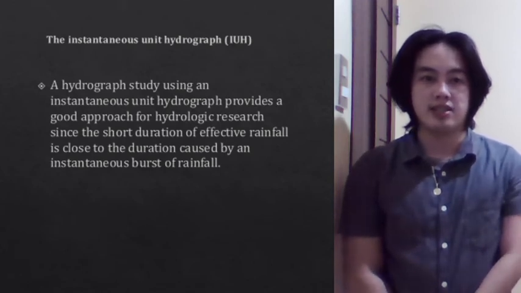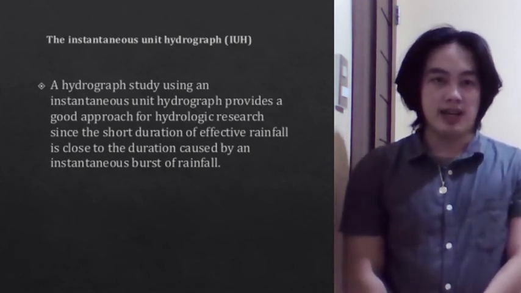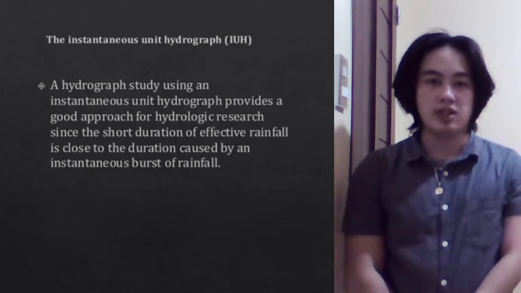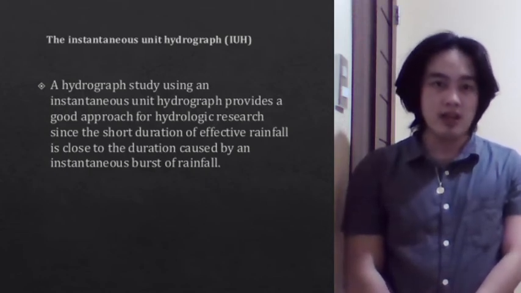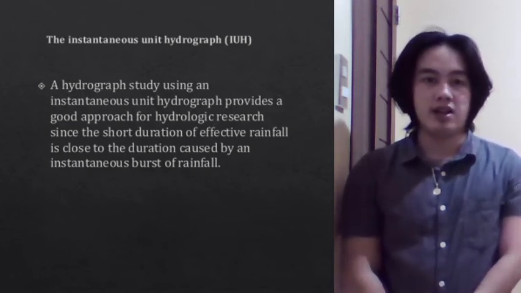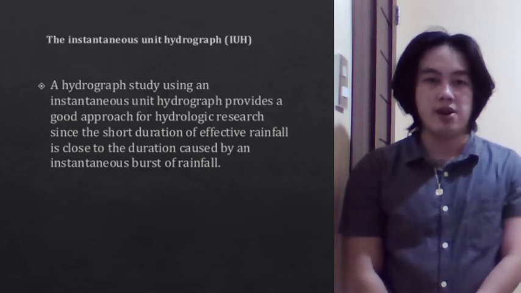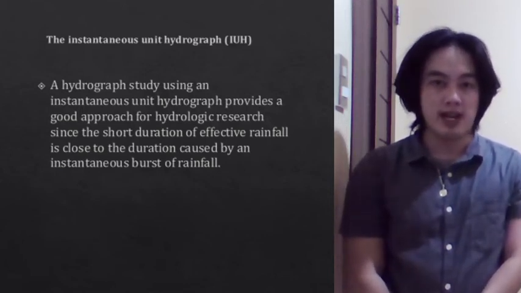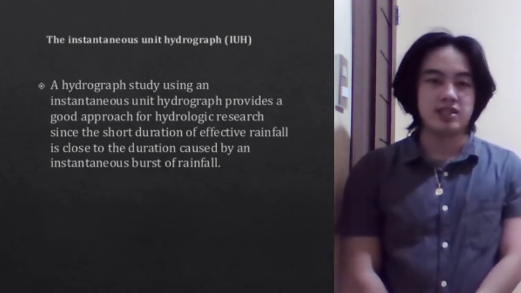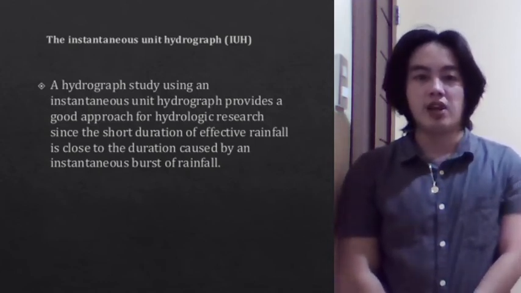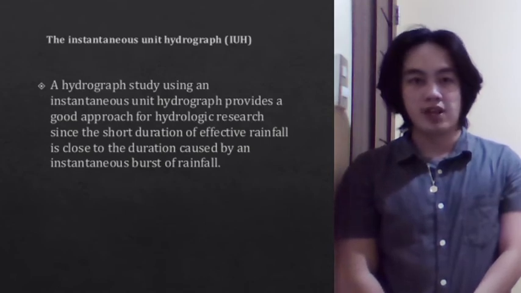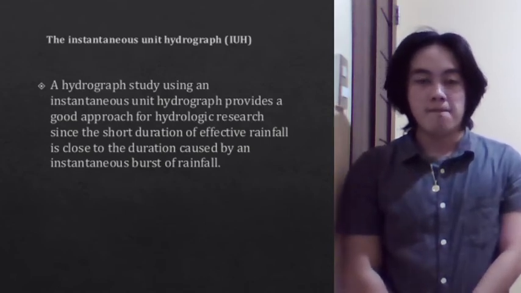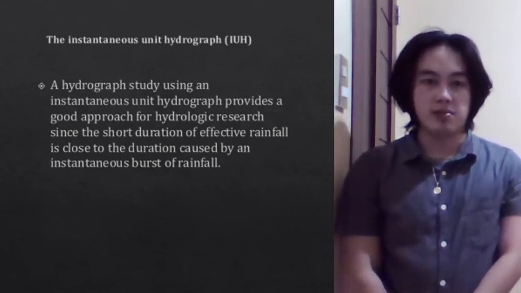Next is the instantaneous unit hydrograph. Hydrograph study using the instantaneous unit hydrograph provides a good approach in hydrologic research since the storm duration of effective rainfall is close to the duration caused by an instantaneous burst of rainfall.